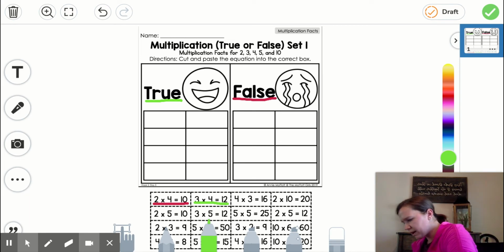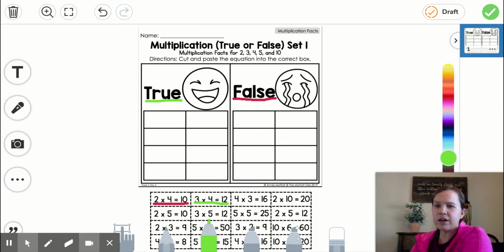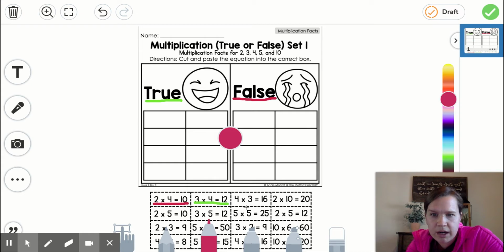I know that 3 and 3 is 6, and 3 and 3 is 6, and 6 plus 6 equals 12. Just so you could see how I did that. That's my work. So now I know I need to grab my red pen and I'm going to mark it false.